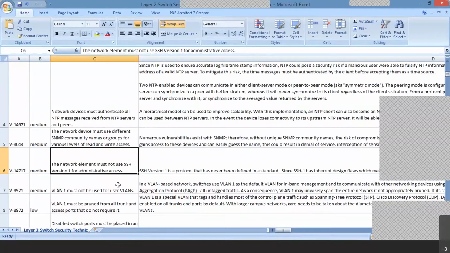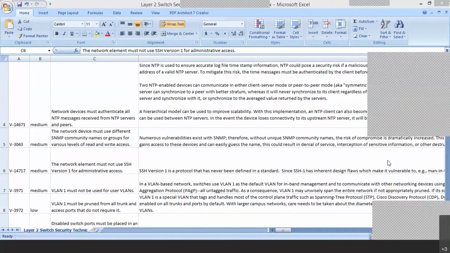So you should always check that SSH version 2 is enabled, since SSH version 1 is a protocol that has never been defined in a standard, which has some flaws that make it vulnerable to man-in-the-middle attacks, where your information goes in plain text. So as a best practice, as best hardening, you should always have your network device hardened to SSH version 2.